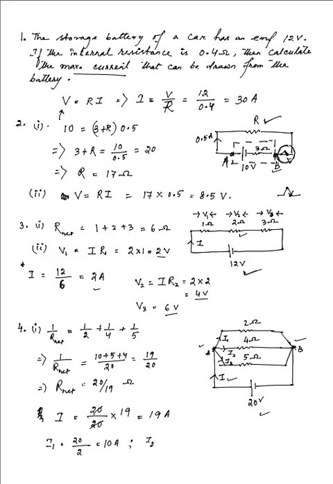Similarly, for I2 and I3, you have the 20 volts of supply divided by the corresponding resistance, which in this case is the 4 ohm resistor, and that gives us a current of 5 amperes. And finally what you have is I3, and you know it well because 19 was the total current.